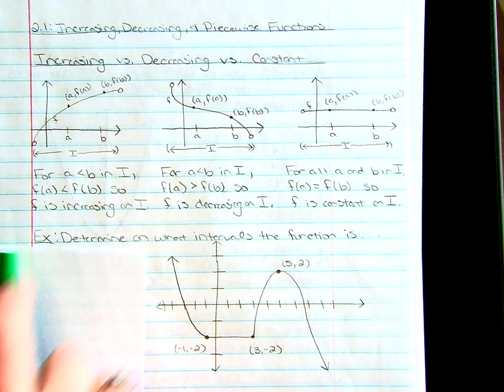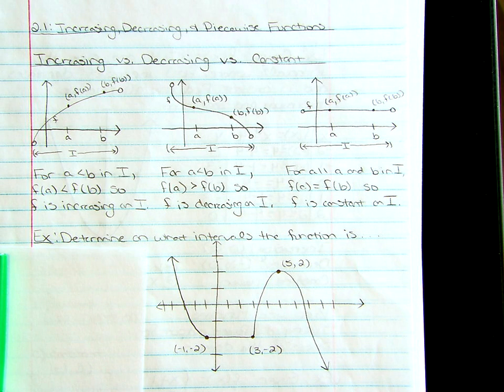So when A is less than B on a given interval, that's what it means. In any given interval, if we're looking at a graph and A is less than B, then f of A less than f of B also means that f is increasing on that interval. So remember, the f of A and the f of B are your y's.